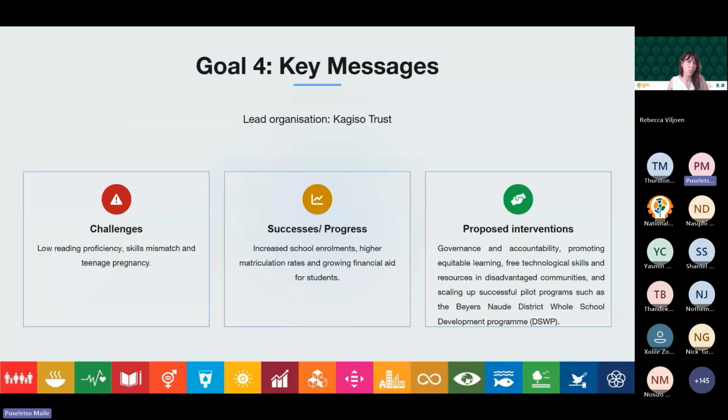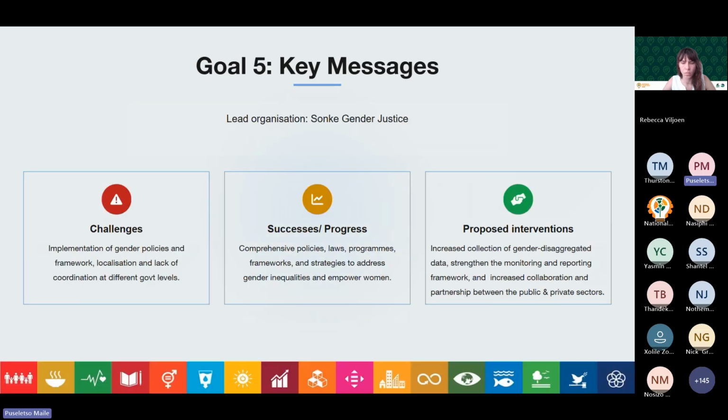Proposed interventions by the civil society organizations that collaborated with Gaso Trust include governance and accountability, promoting equitable learning, free technological skills and resources in disadvantaged communities, and scaling up successful pilot programs such as the Bayers Naude District Whole School Development Program.